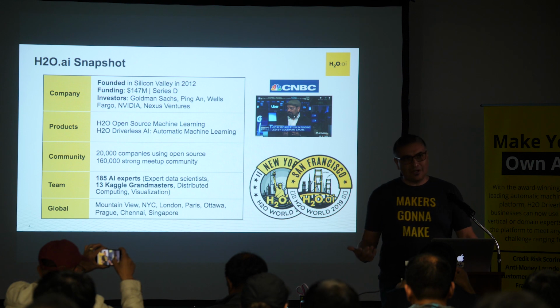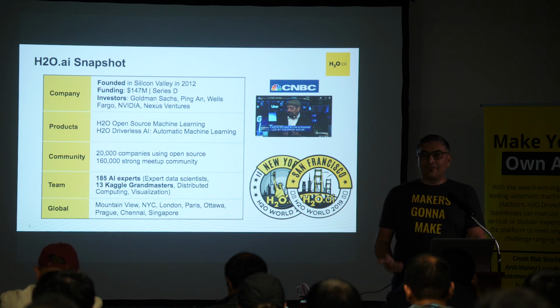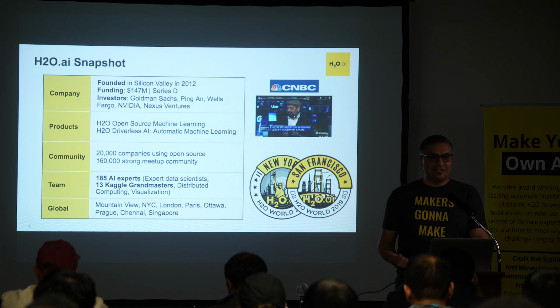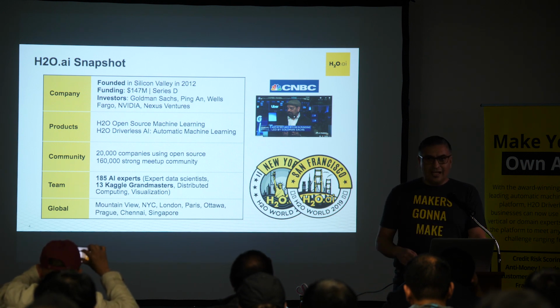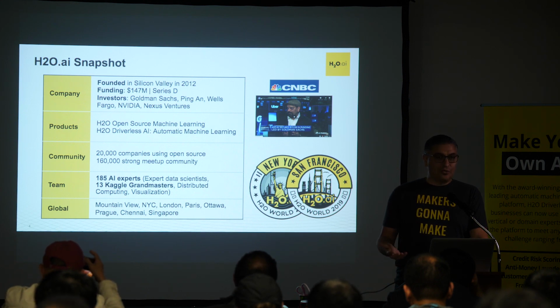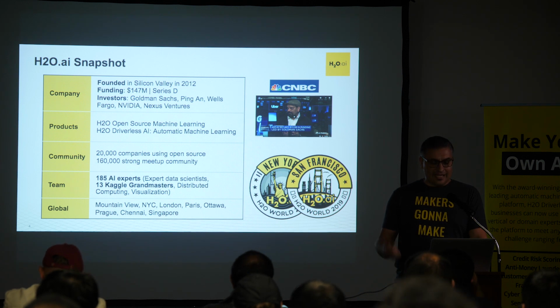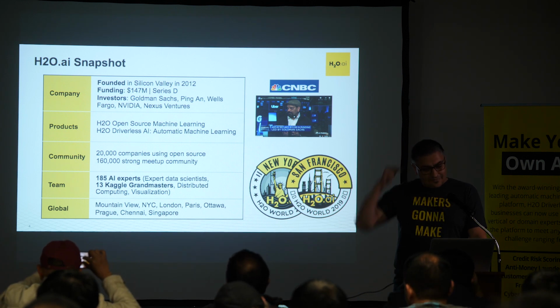So if you're not familiar with H2O.ai, we're a startup. We've been around for 8 years. We just recently got our Series D funding. We have a couple different product lines. We have H2O-3, which is our open source tooling, and we have a commercial offering, H2O Driverless AI, that's focused around automatic machine learning.